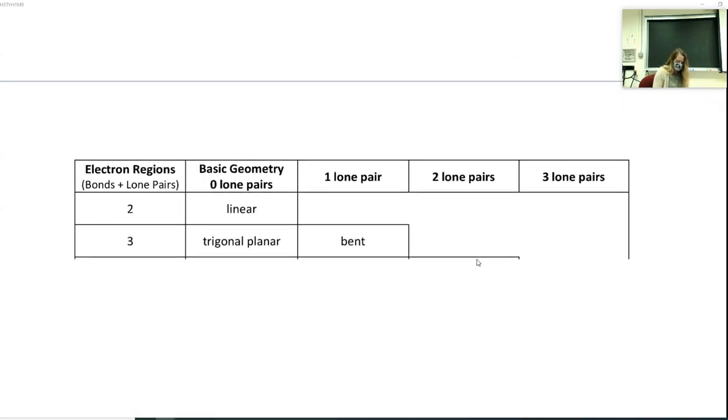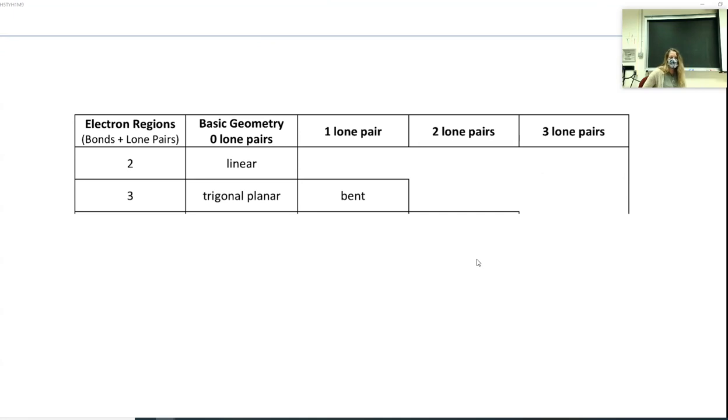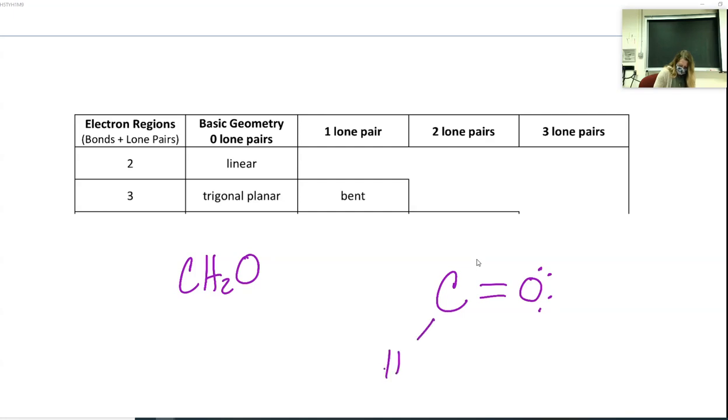The second line, it's not as common. So there are situations where there's 3 electron regions. We will not see it as frequently in chemistry, but it happens. My example to show you, let's go ahead and do formaldehyde. So formaldehyde, CH2O, carbon is the central atom. It actually forms a double bond with oxygen and then 2 single bonds with hydrogen. So carbon is our central atom. I don't know if you guys can see it. Okay, it has that double bond. So the first thing we need to do is identify electron regions.